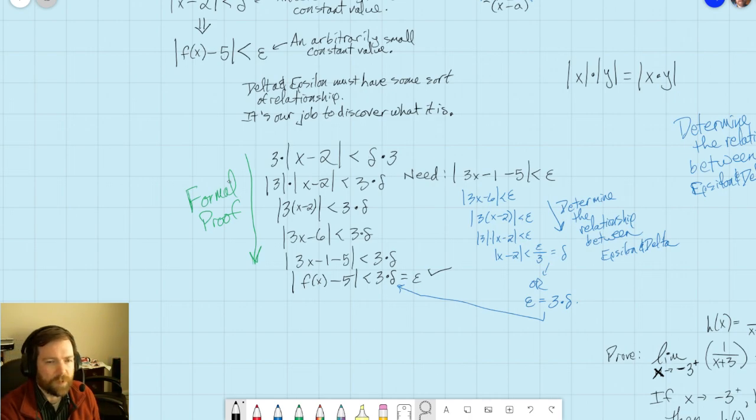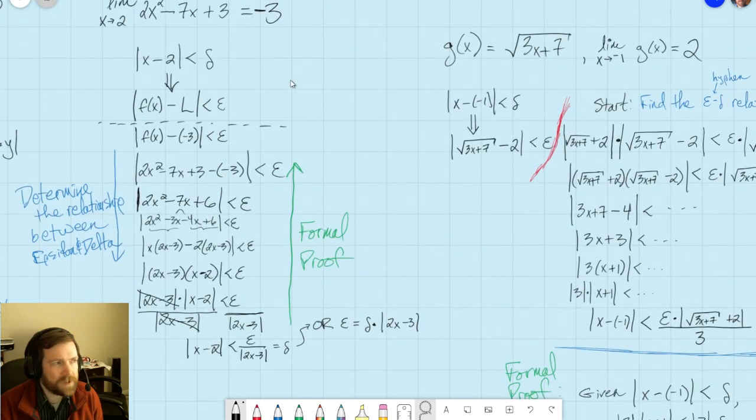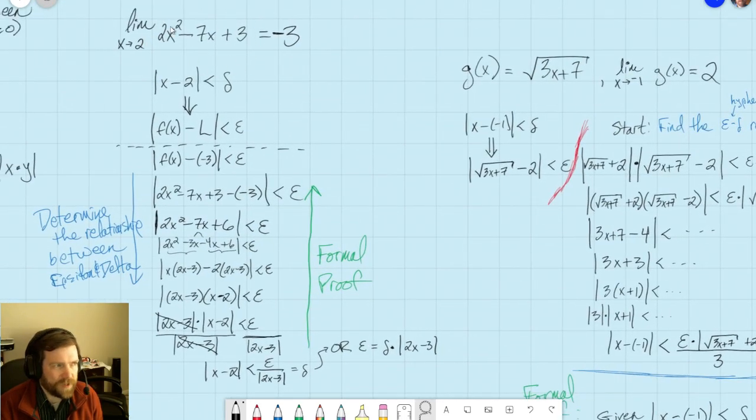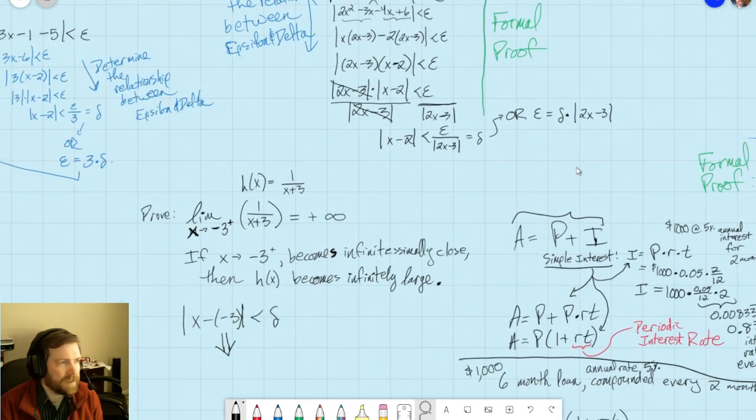So you can do the formal proof real quickly when you run through it. But when you start doing stuff like a quadratic, it becomes a little less trivial to determine the relationship first and then run the formal proof essentially backwards.